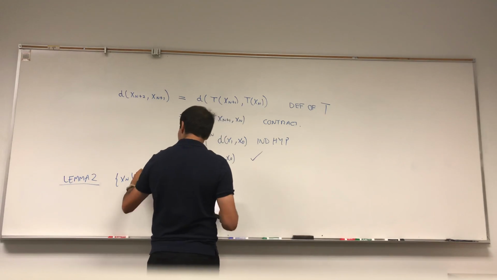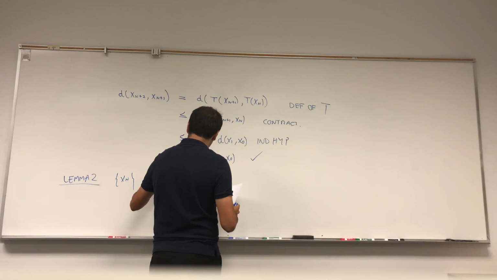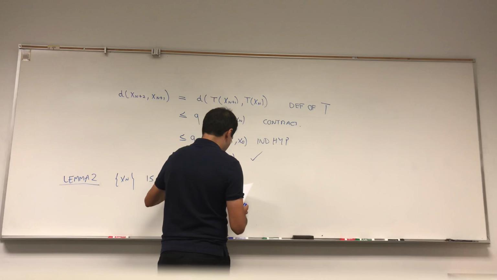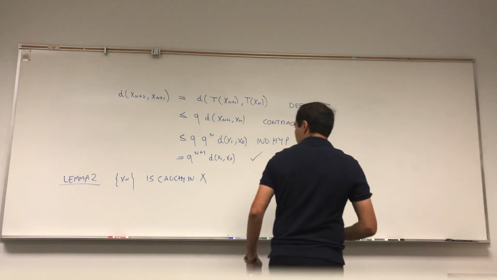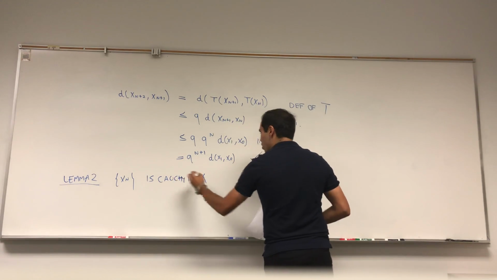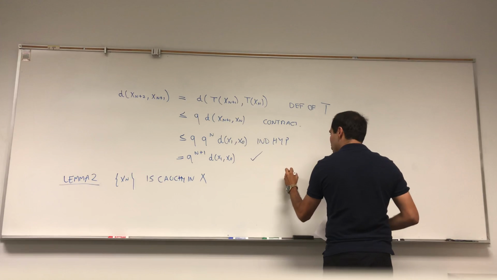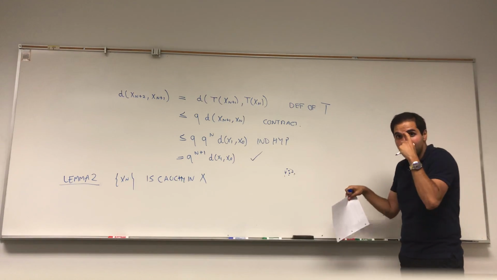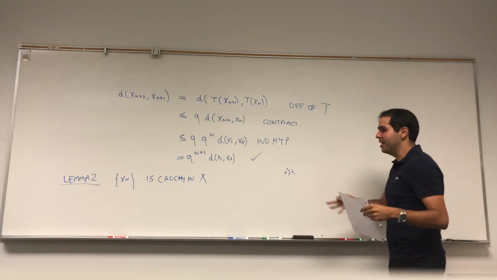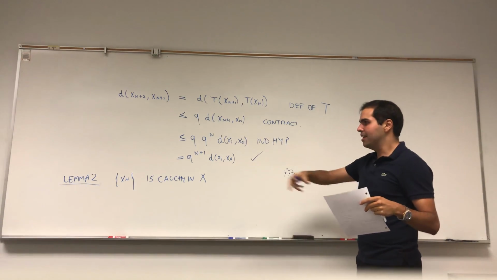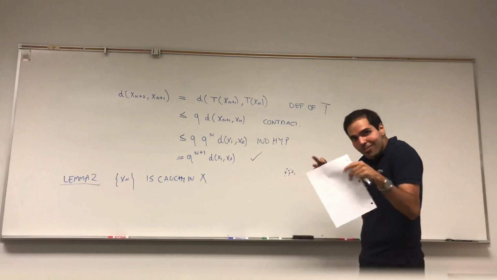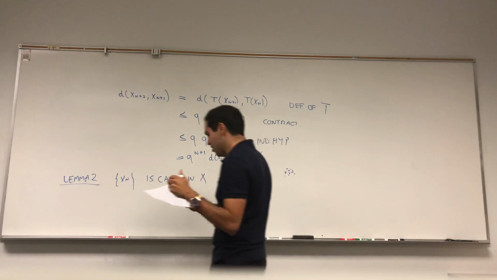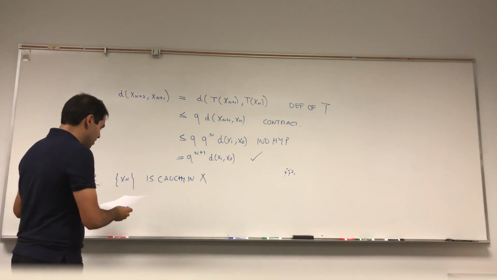In fact, let's show x_n is Cauchy in X. In other words, the terms x_n get closer and closer together. Think of people mingling together at a little party. And we want to show that, in fact, for large n, the terms are closer and closer to each other.